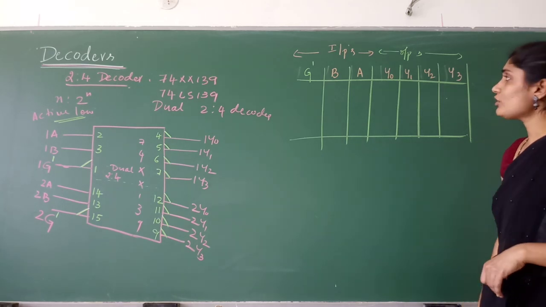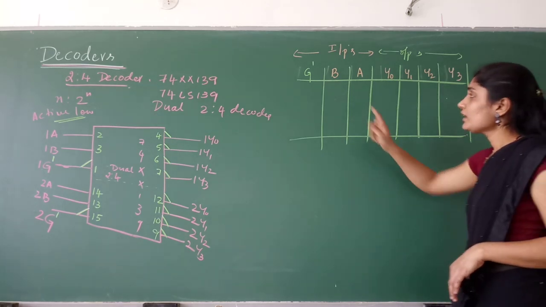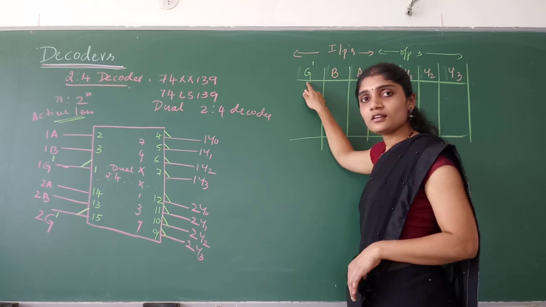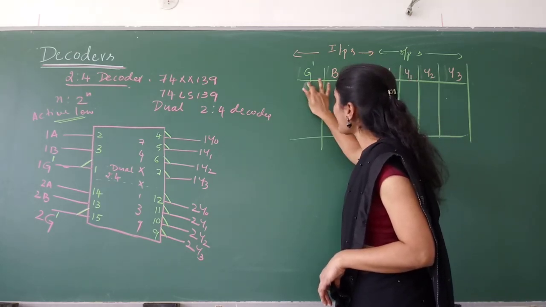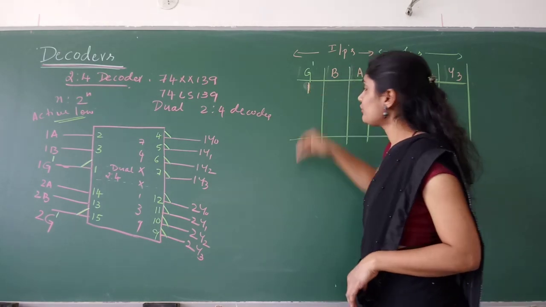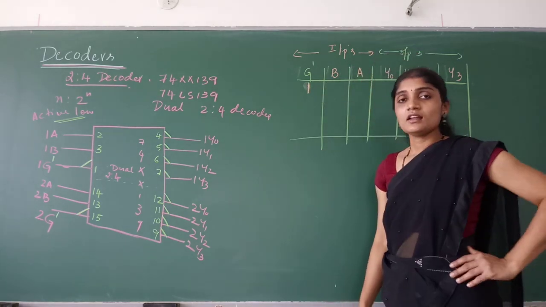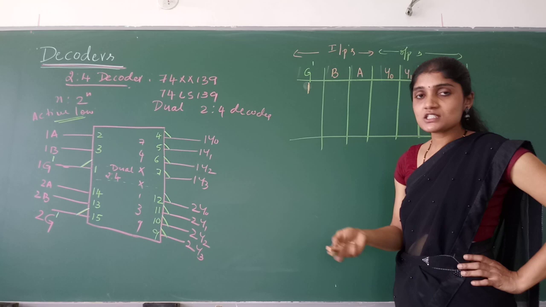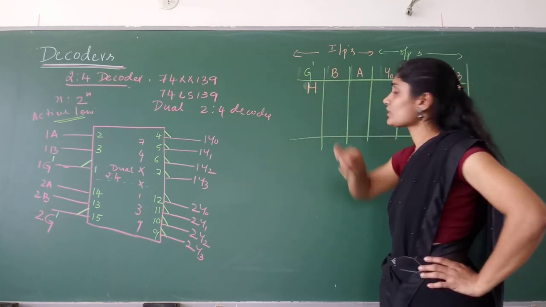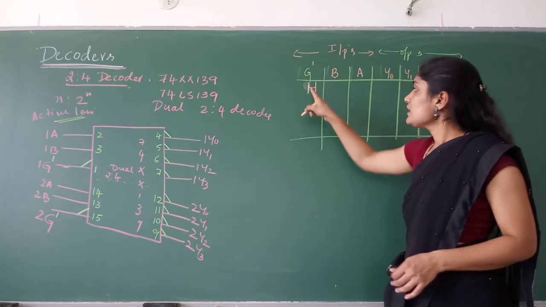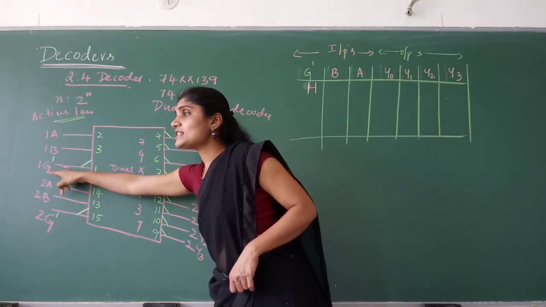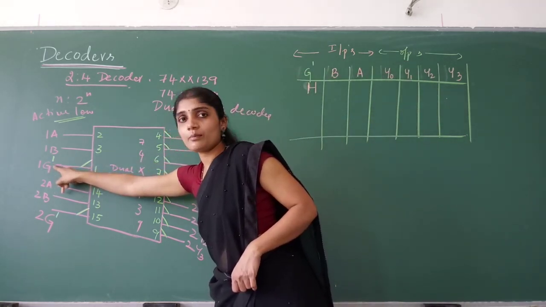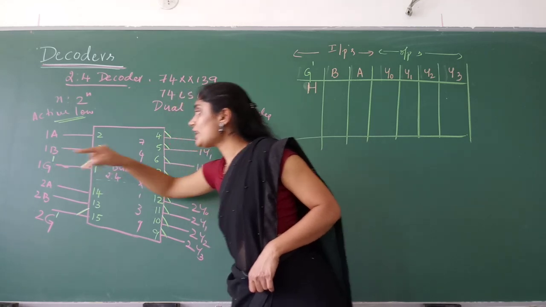Now, what is the meaning of active low? I'll explain. If you make G dash as 1, that means you are giving a high signal. 1 means high signal. So if you give logic 1 at this input, what happens?